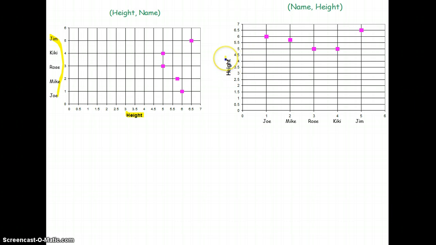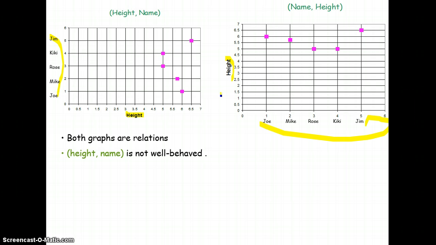You can put the height on the y-axis and on the x-axis we're going to name the students. But in the same way we have to locate the points. So both graphs are relations. So James is 6'5", Kiki is 5, Rose is 5, etc. Right? Or backwards.